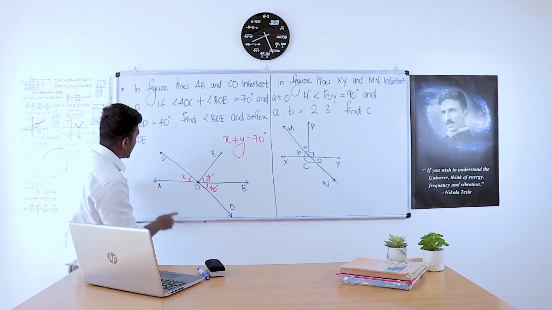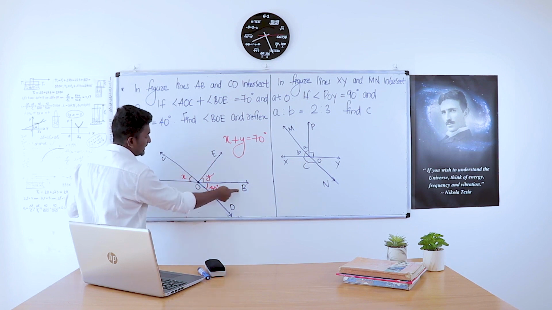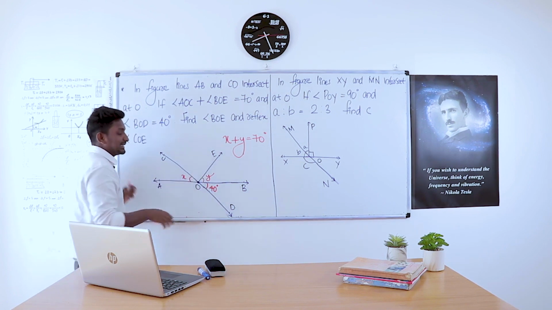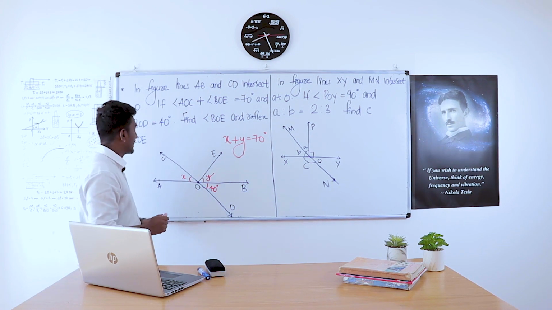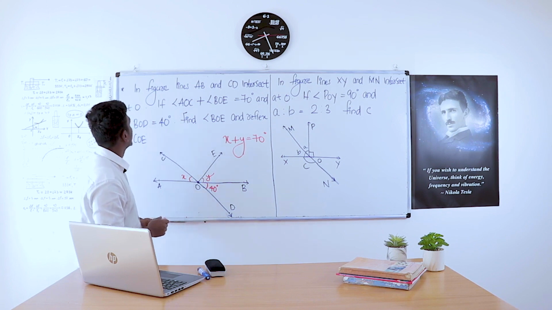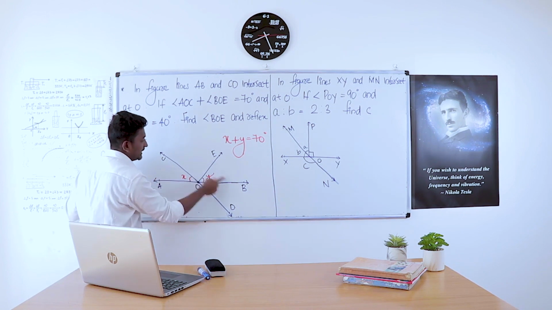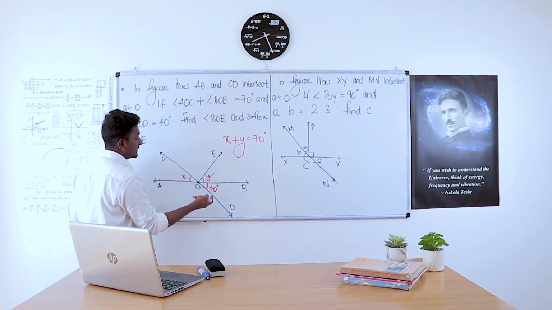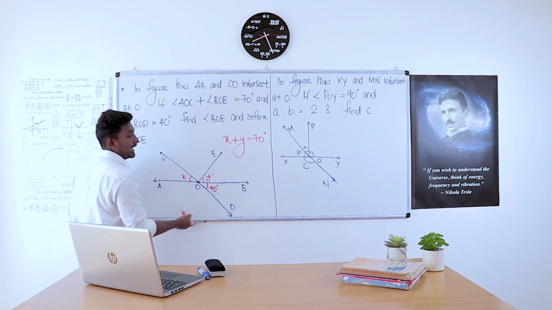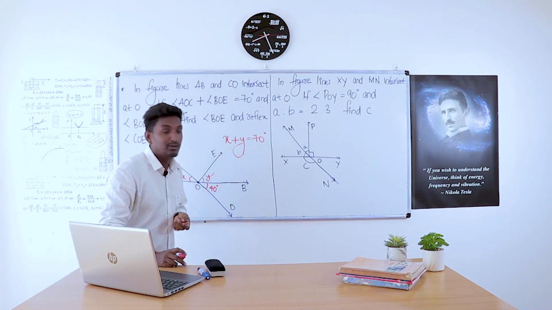We know that angle AOC, angle COE and angle BOE, these three angles are on a straight line AB. We already know that AB and CD are line segments. Therefore, these three angles together form a straight angle of 180 degrees.